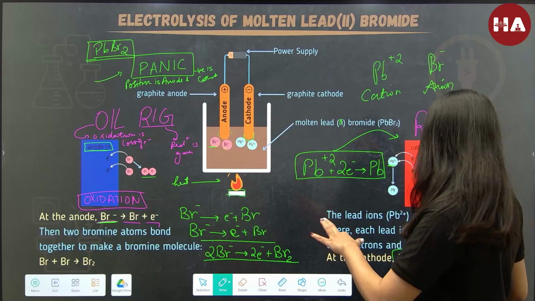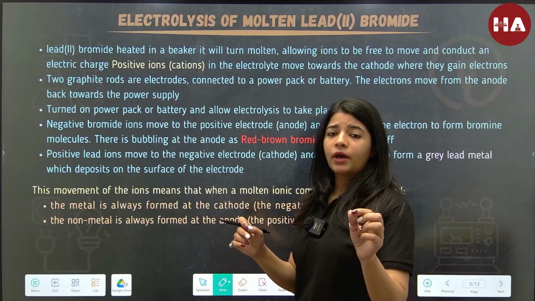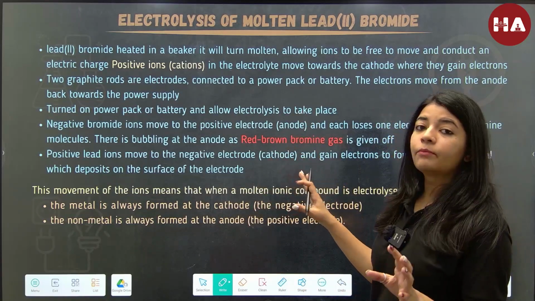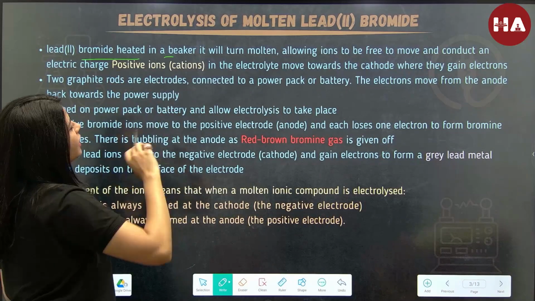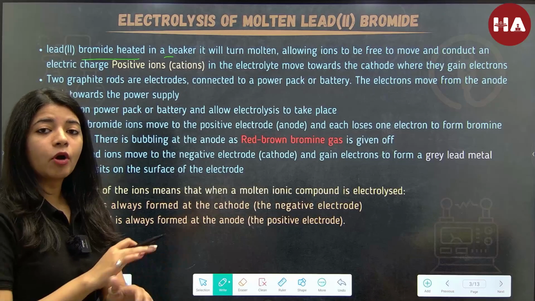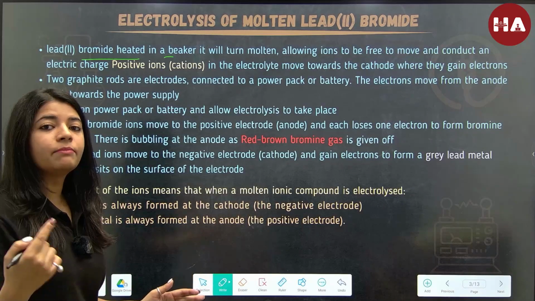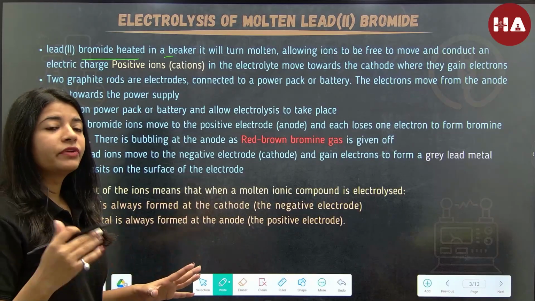Now let's check out the theory. So the theory says, let's read it one by one, and if you wish to write the important points from this, you may do so. So lead bromide heated in a beaker will turn molten, allowing ions to be free. We know that solid ionic compound cannot conduct electricity, so therefore we melt it. Melted means the ions can now move freely, right?